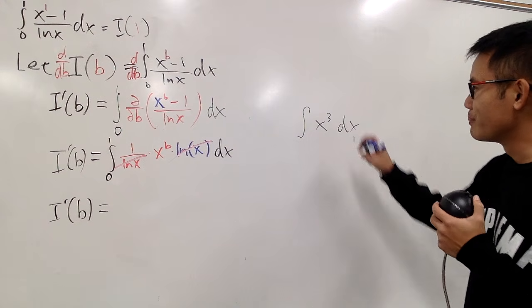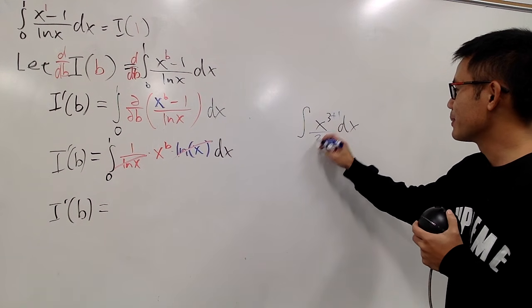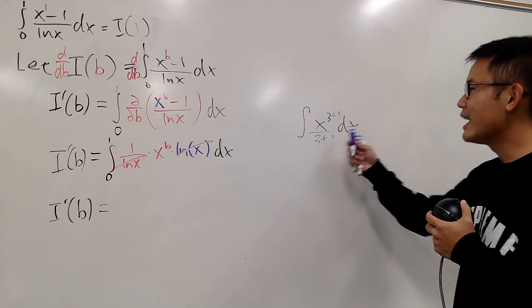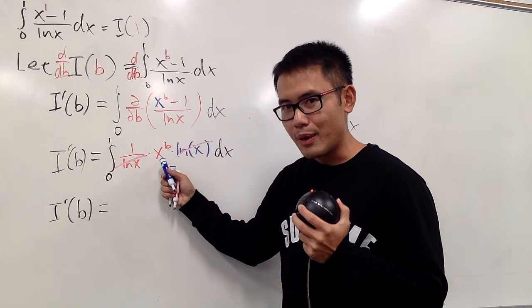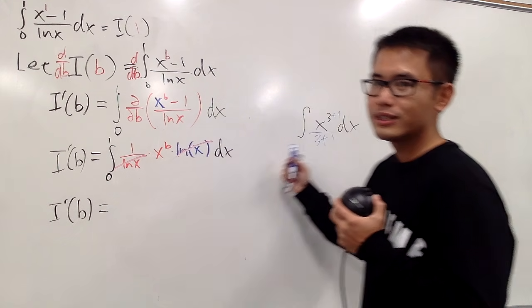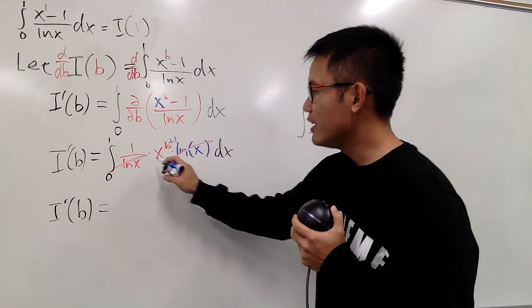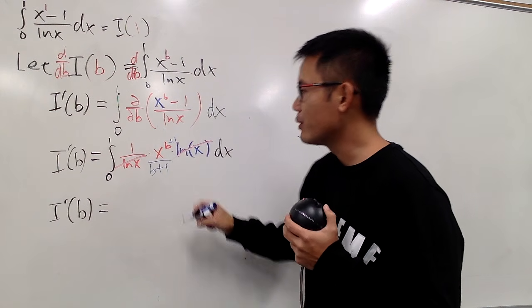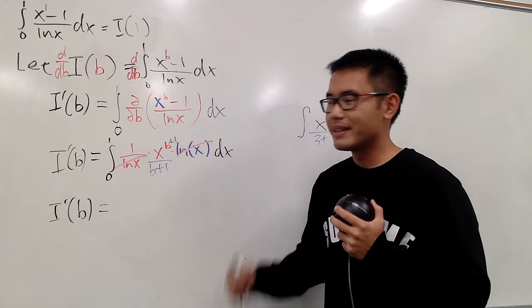This is just the power rule backwards. You add 1, right? And then you divide it by whatever the new exponent is, right? Because now the variable is the x. So come here, the variable is now x. B is just a number, just like the 3 here. So we can add 1 and then divide it by the new exponent, which is b plus 1. That's how we do integral right here, all right?